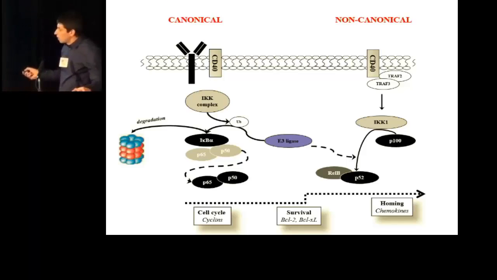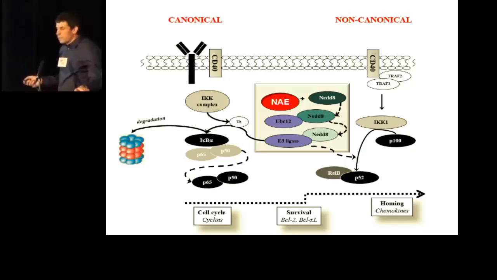In the non-canonical pathway, there is a p100 precursor protein which undergoes proteasome-assisted degradation to then form p52, which similarly translocates to the nucleus and drives transcription of cell cycle proteins, pro-survival proteins such as BCL2, as well as several chemokines. So both of these pathways require presence of the cullin ring ligases, such as E3 ligase.